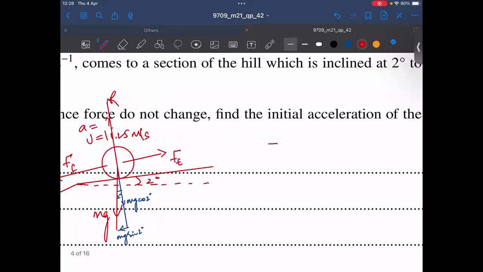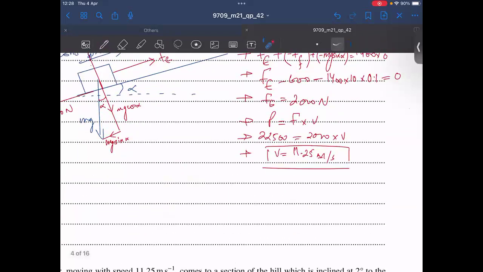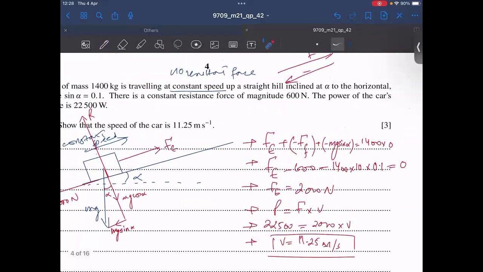I'm going to apply Newton's second law again parallel to the plane, and the convention is going to remain the same as what I said at the beginning of the question.